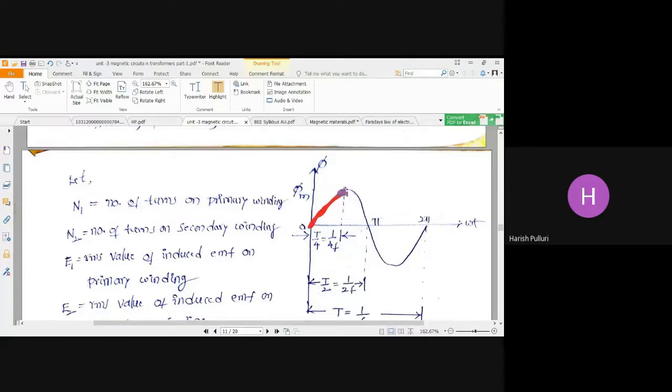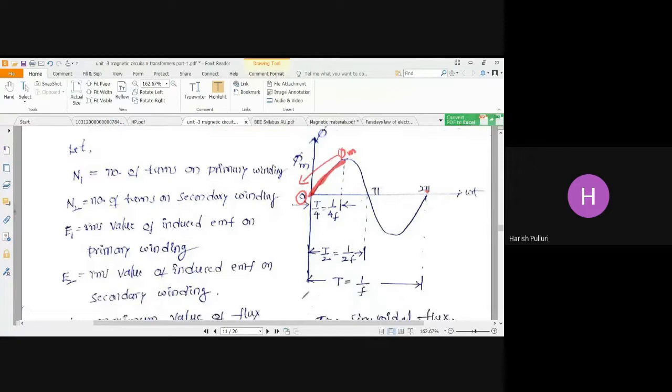This change in flux I am taking from 0 to phi m. The initial value is 0, the final value is phi m. In how much time does the flux go from 0 to phi m? The total time period here is T.